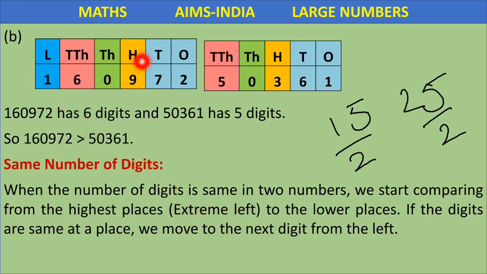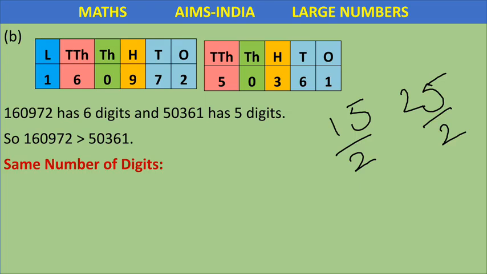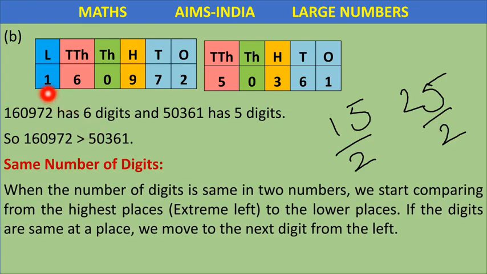Where is the highest place value of a number present? Is it on the left side or on the right side? Now look at right side. It is on the right side. We are having the place value as ones, and on the extreme left, extreme means the last one. This will be our extreme left, the last. There is no number after 1, right? So 1 becomes the number on extreme left.